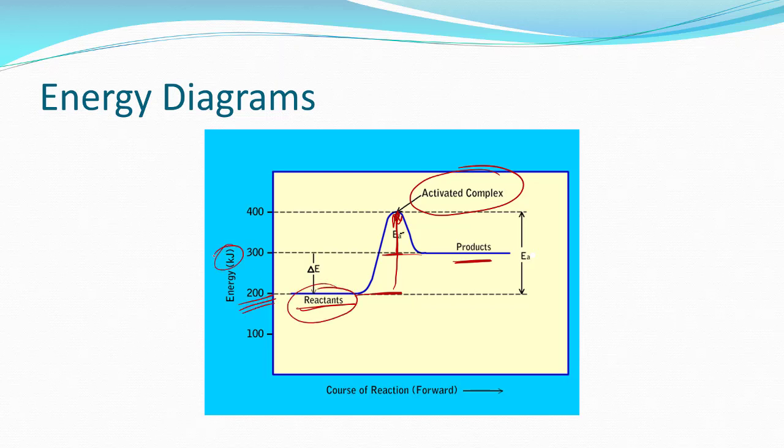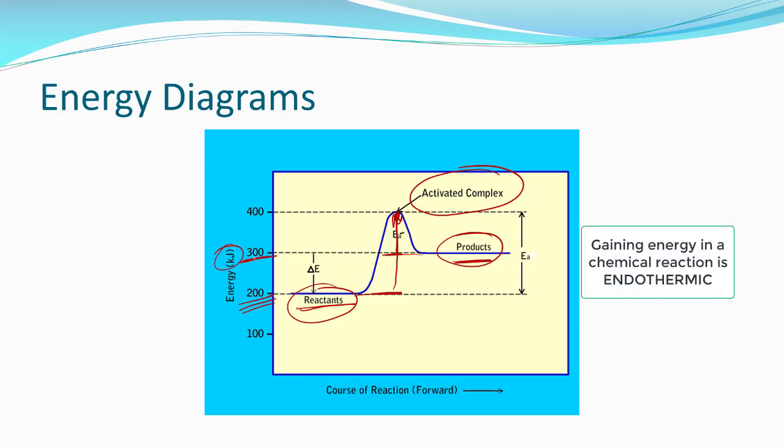But if you look, our products are ending up at 300 kilojoules. Would you agree, I'm hoping, that the products have gained energy compared to the reactants? And that's exactly what it is. If it has absorbed energy, then this would be endothermic. Okay?